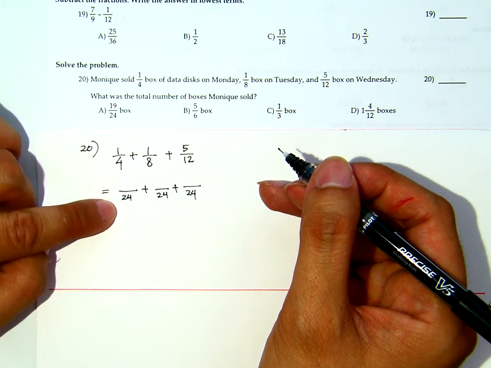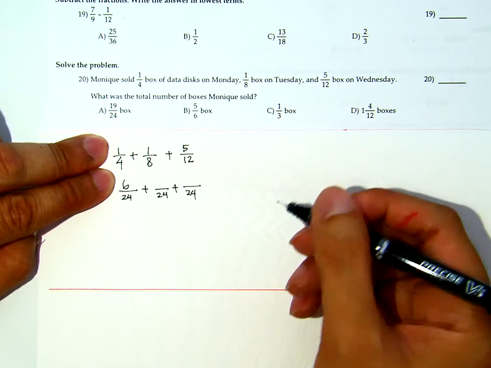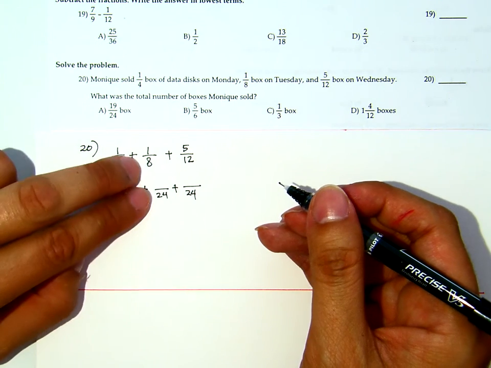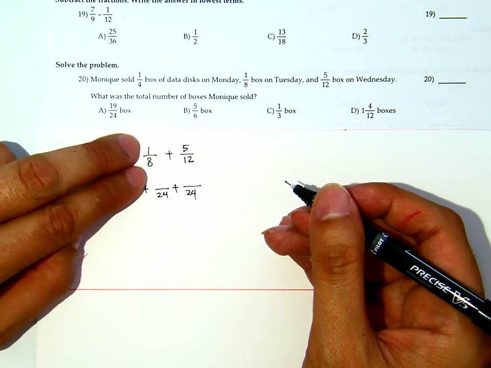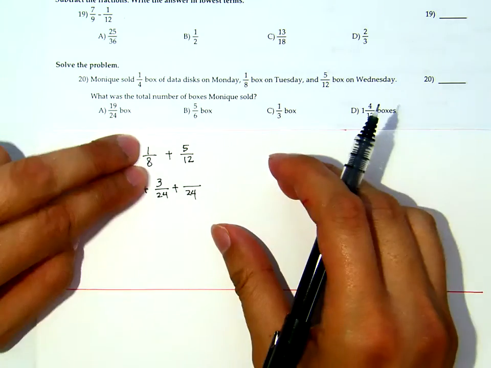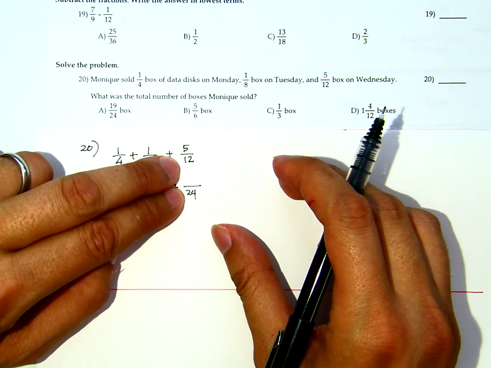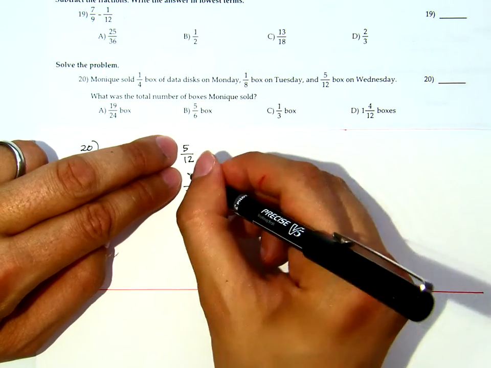4 times what gives me 24? Times 6, so on the top I multiply by 6. Now 8 times what gives me 24? Times 3, so on the top I also multiply by 3. Lastly, 12 times what gives me 24? Times 2, so on the top I multiply by 2.